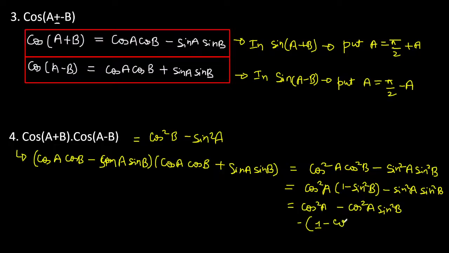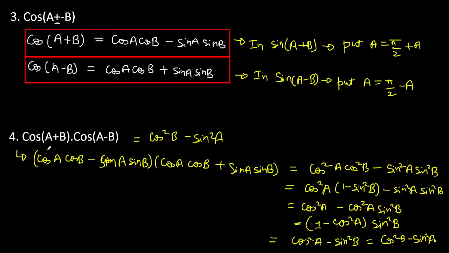So let's expand it. This is minus sin square B plus cos square A. So cos square A and minus sin square B are going to stay, or you can say it is cos square B minus sin square A.